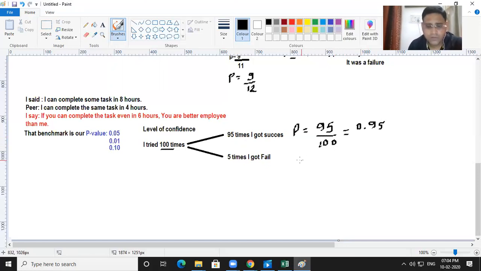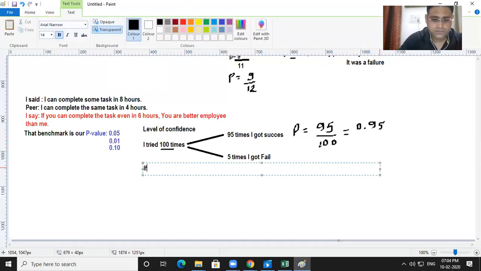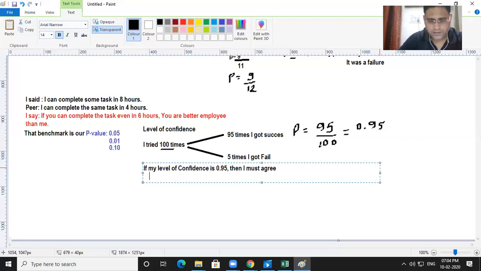And if my level of confidence is 95%, then I must agree 0.05 means 5% of failure.